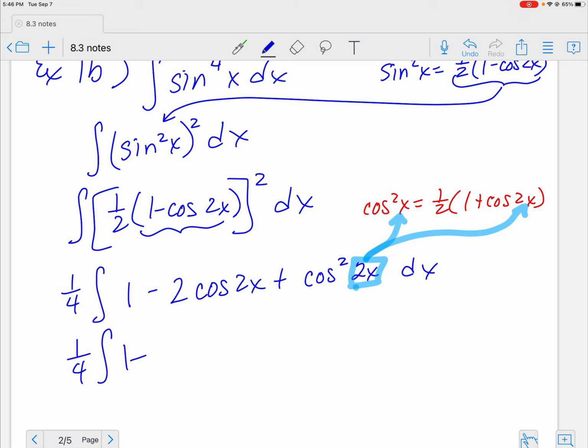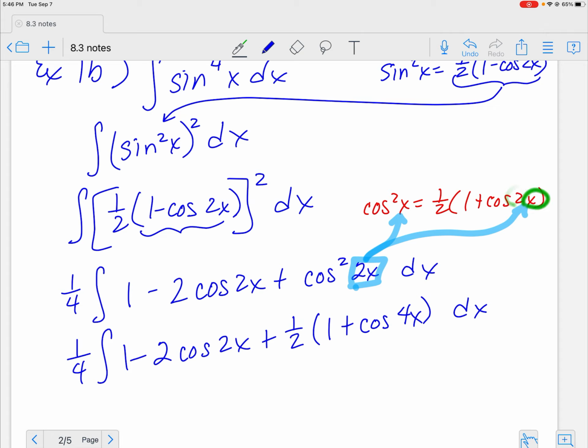I'm just going to keep rewriting this because we'll just integrate all at once. Plus a 1/2 times 1 plus cosine of 4x, because this is 2 times the 2x, because the 2x is that inside function.